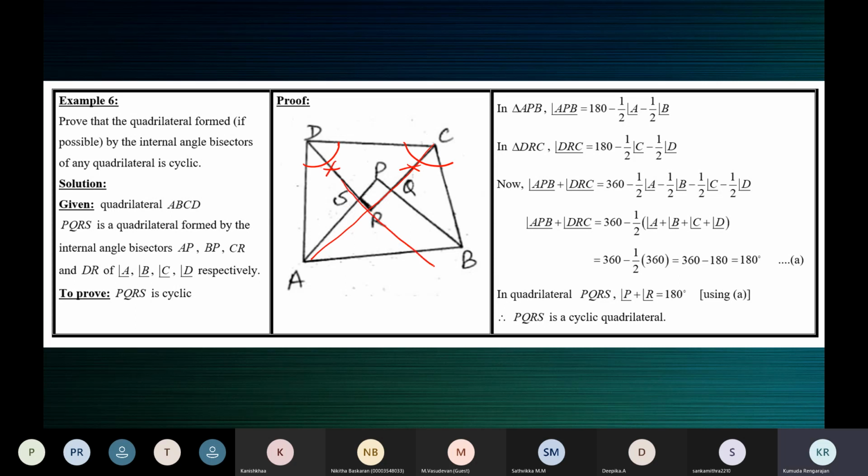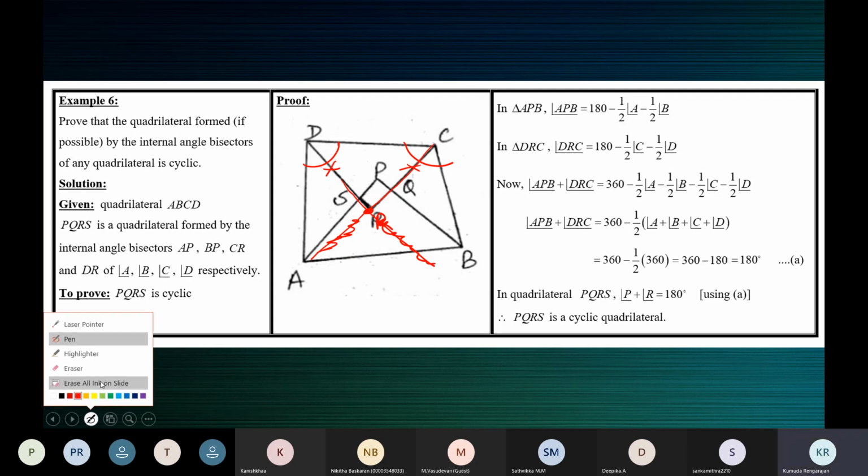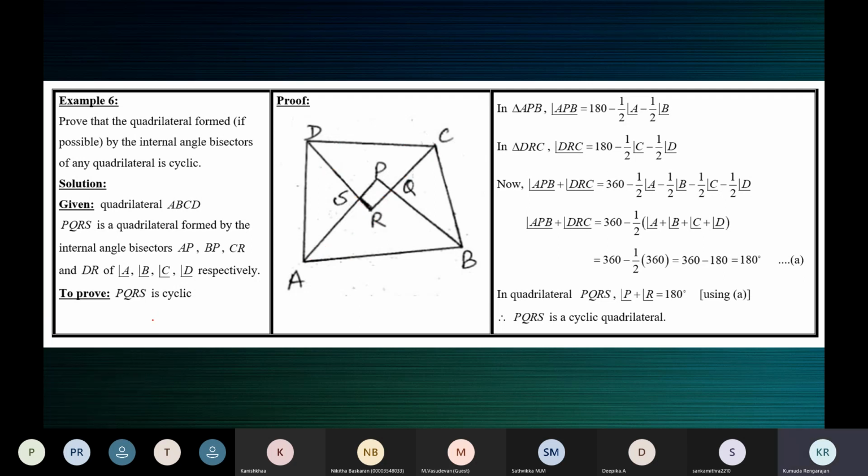The bisectors of angle C and D meet at R. So I've trimmed all this. That's how we have a figure like this. So we'll say that the bisectors of angle A and angle B meet at P. The bisectors of angle C and angle D meet at R. These are the internal angles.